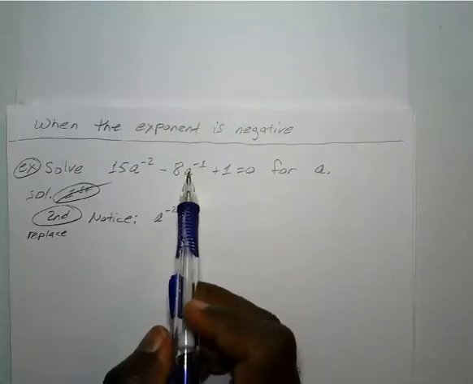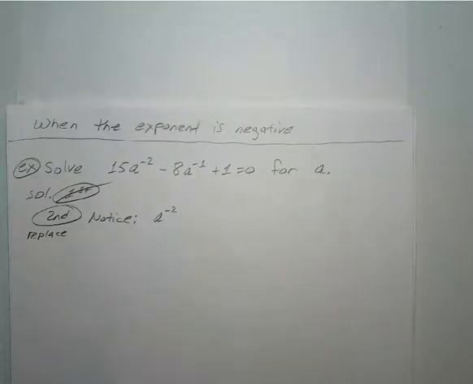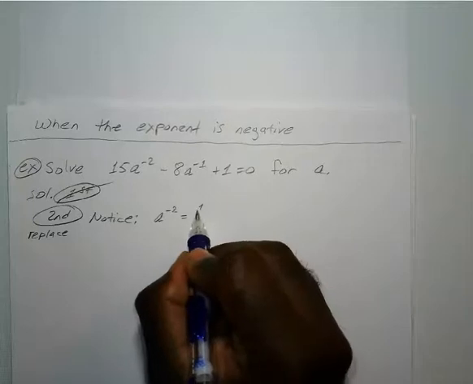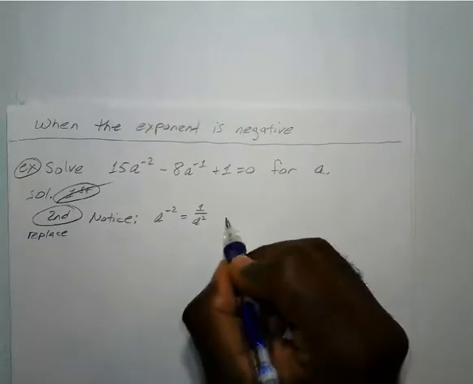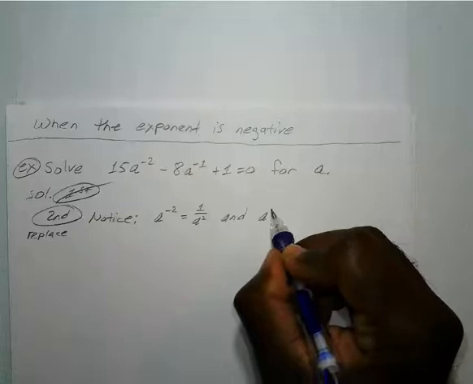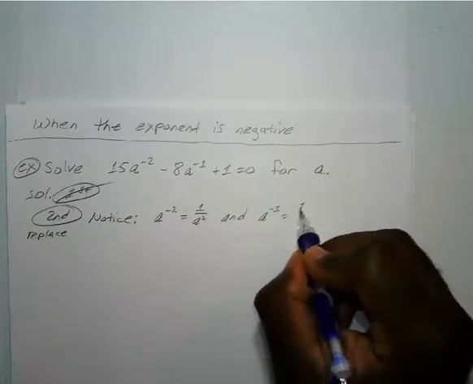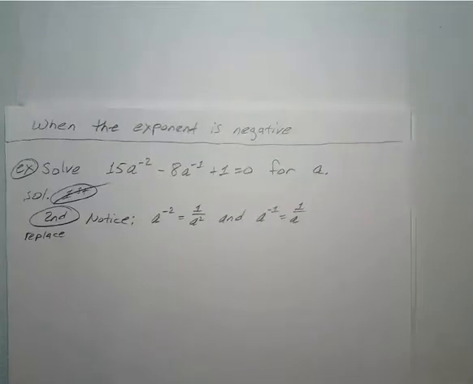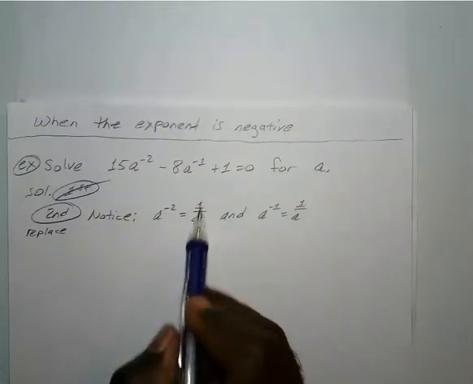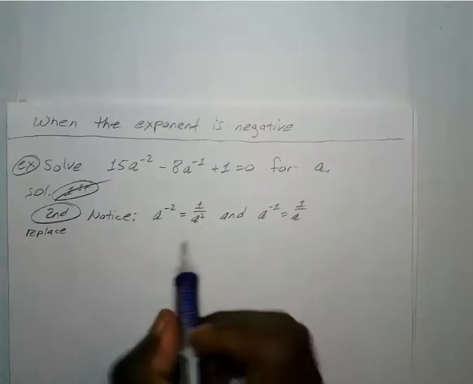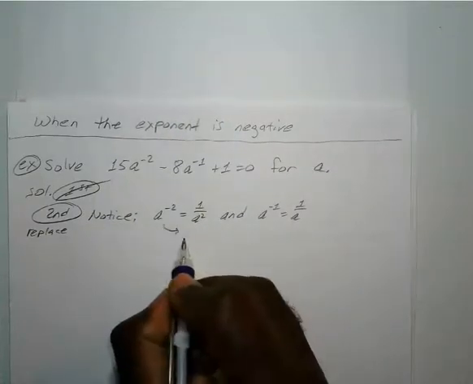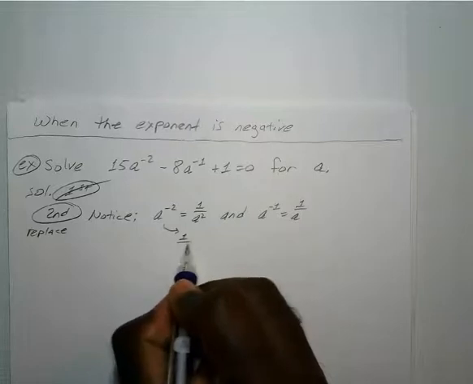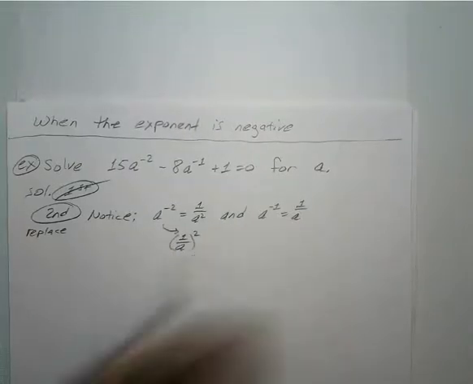If you want, you can make that a to the negative 1 squared, or you can make it 1 over a squared, and a to the negative 1 power is equal to 1 over a. Now 1 over a squared, we can rewrite as 1 over a, squared.